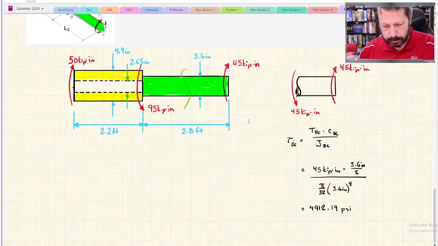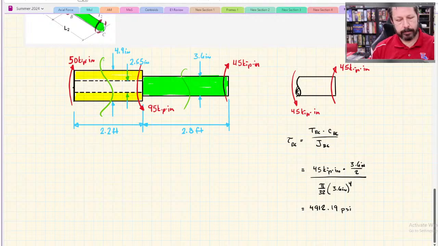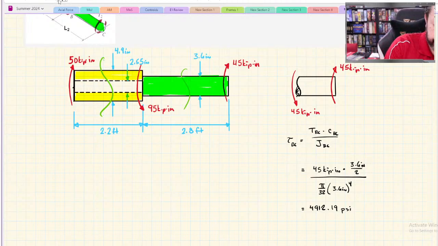Okay. The yellow section, I need to cut through the middle of the yellow section. I can draw the left-hand side or the right-hand side. In this case, it looks like drawing the left-hand side is simpler. So that would be something like this.